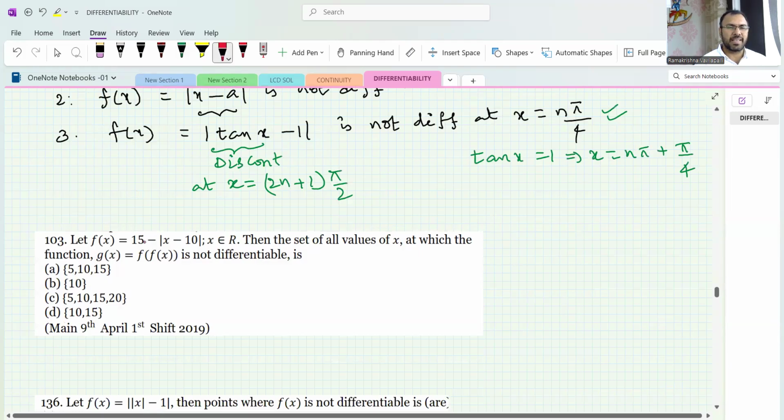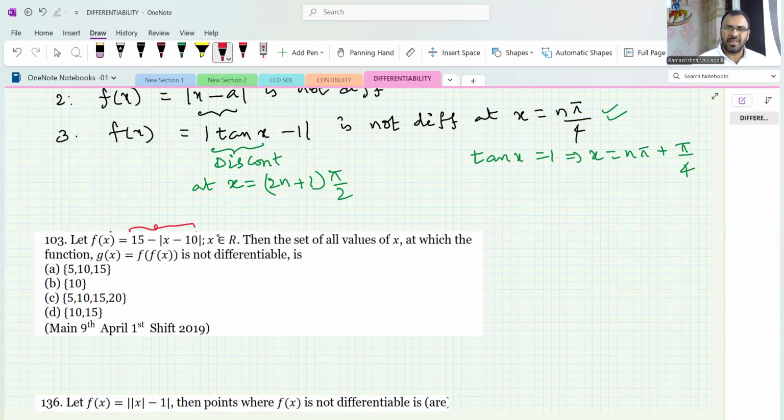Here is a previous example: f of x equal to 15 minus modulus of x minus 10, asking for the non-differentiable points of f of f of x. I'll write g of x equal to f of f of x.